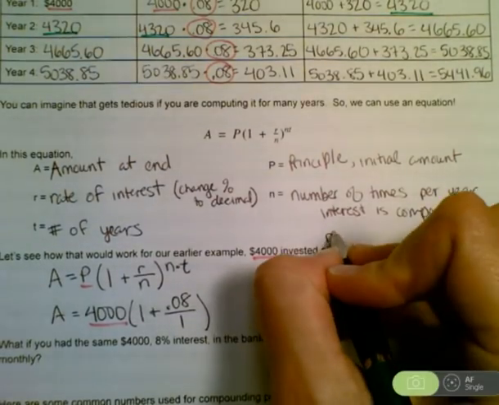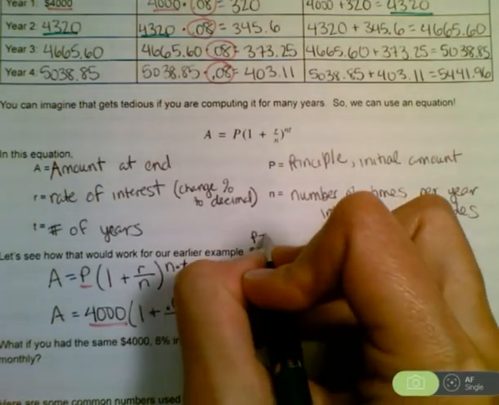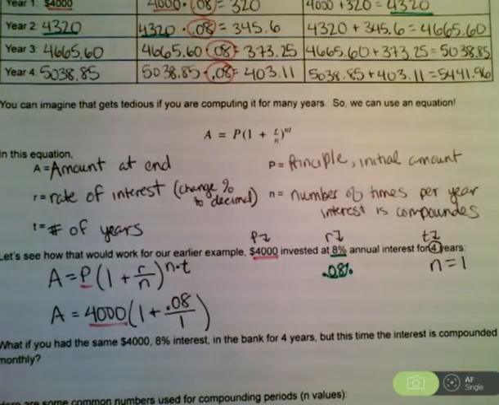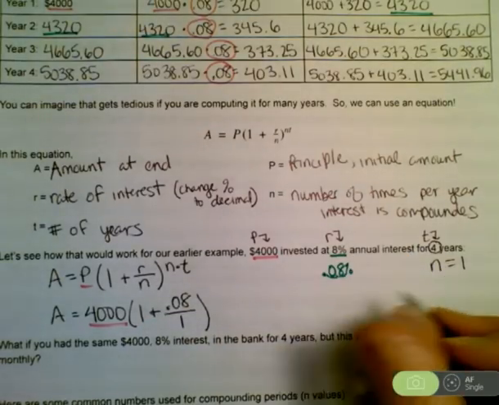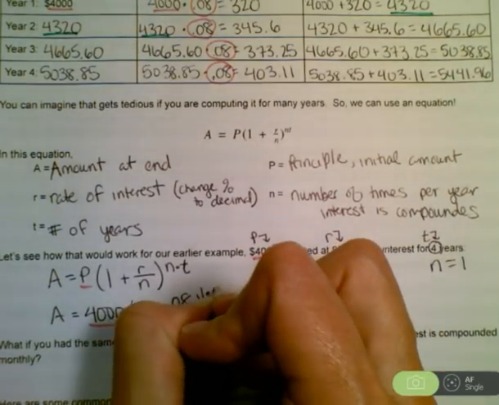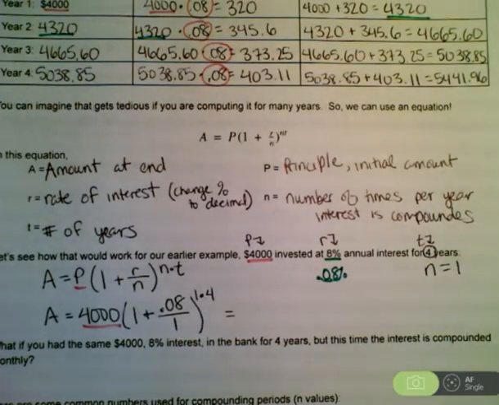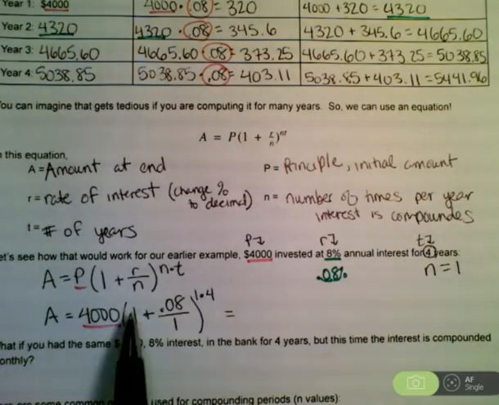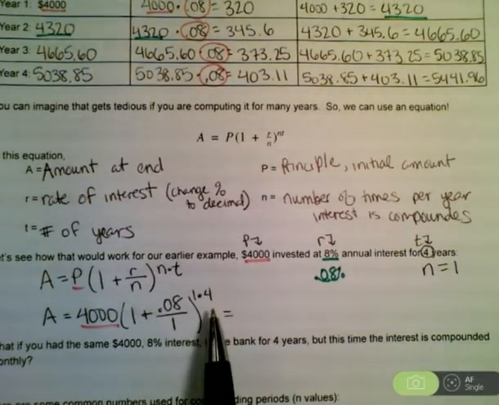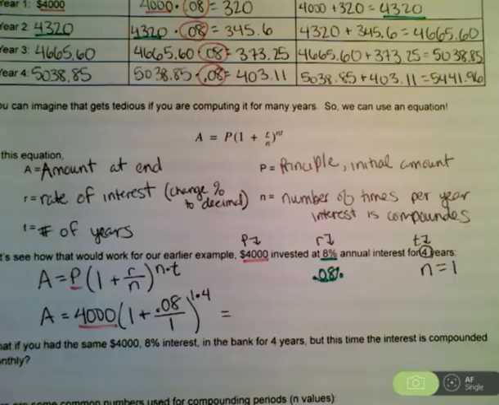So R is the 8, P is the 4,000. Just have it annotated nicely for you. So N times T up here is 1 times 4. The one thing you want to be careful with in this formula is respecting order of operations. So inside the parentheses has to happen first, then the exponent, then the multiplication.